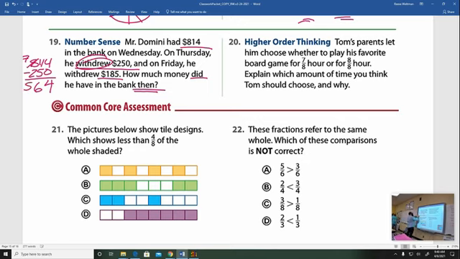So our answer for that is 564. Now, we're not done though. We also have to take away 185 because he made a second withdrawal, right? Second withdrawal. How much money do you have in the bank then?